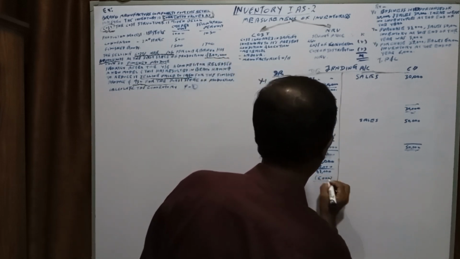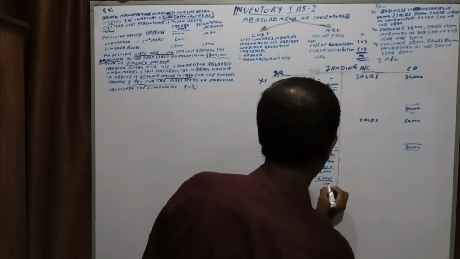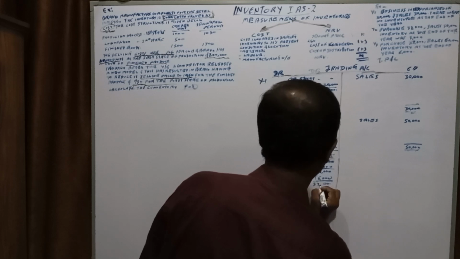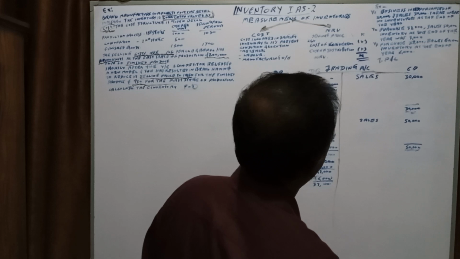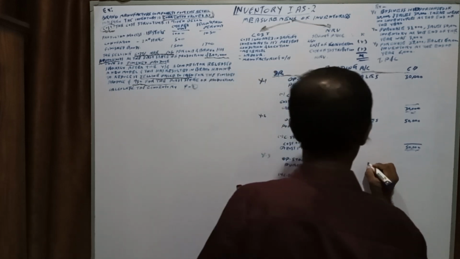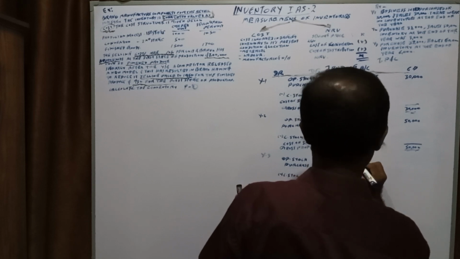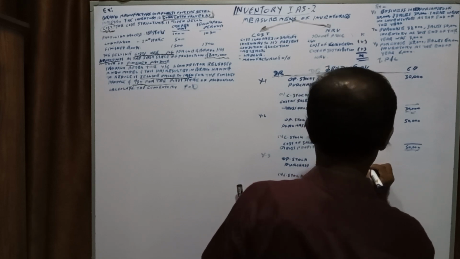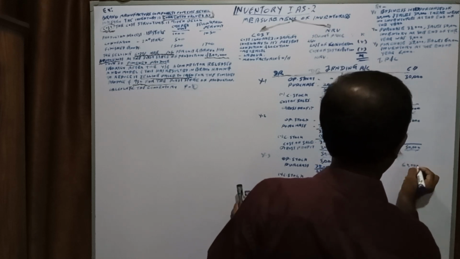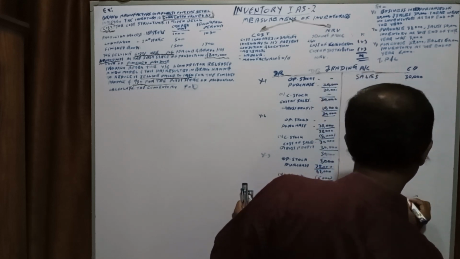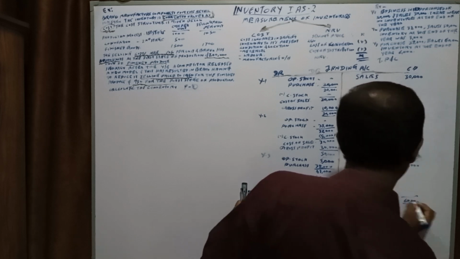This has to be done, right? Then 37,000 is the cost of sales. What is the sales? Sales during the year is 60,000. We have to balance 60,000 as it is the greatest amount.